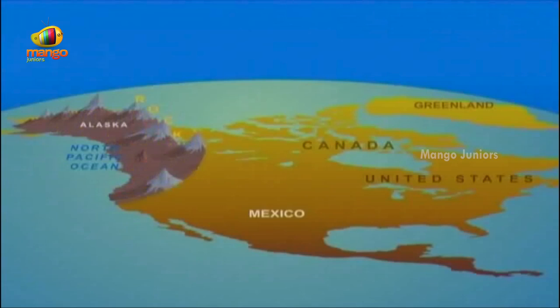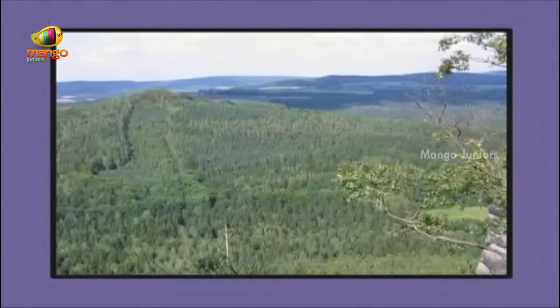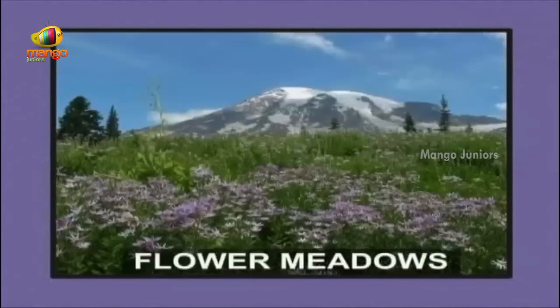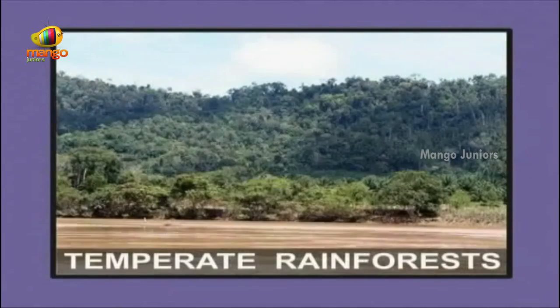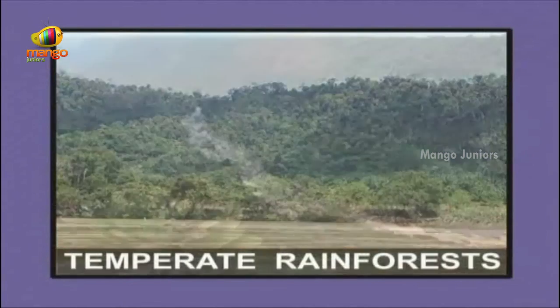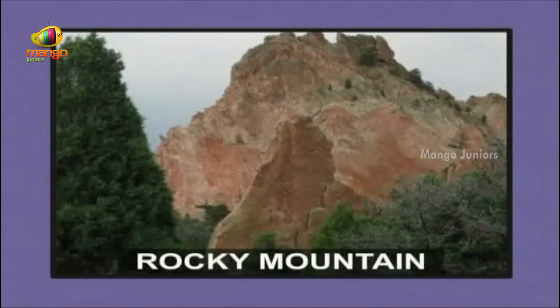The Rocky Mountains run all the way from Alaska to New Mexico, forming a vast system of mountains and highlands in western North America. The pine forests, flower meadows, deserts, glaciers and temperate rainforests are just a few diverse landscapes that exist in the Rocky Mountain range.